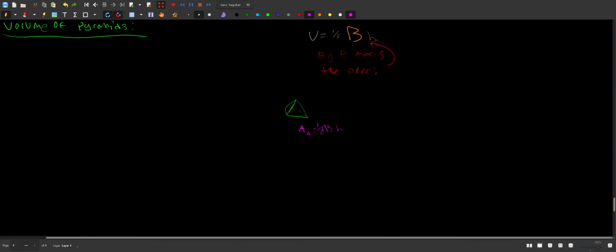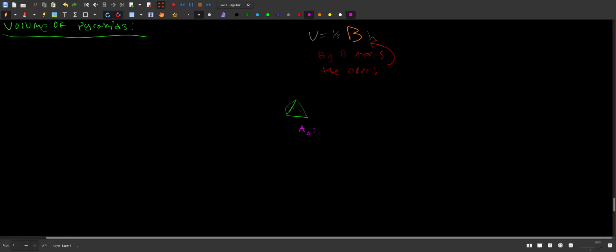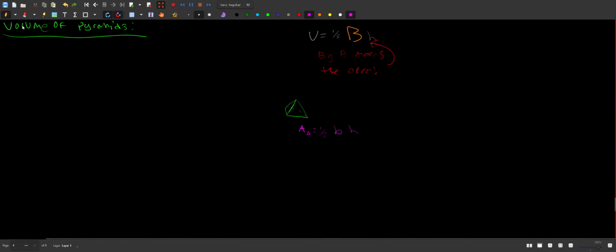And that's just the base length, actually, so I'm going to redo the whole thing there. So it was 1/2 of regular b, because it's only a line, and then times the height. So here we go. I keep forgetting to label again.